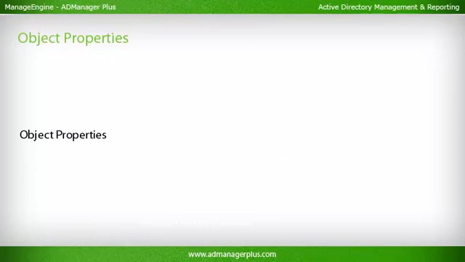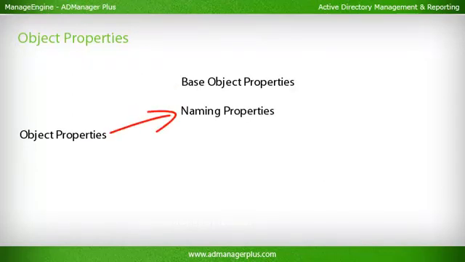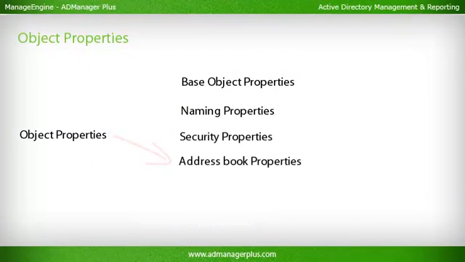Object properties can be broadly classified into base object properties, naming properties, security properties, address book properties, and application-specific properties which are specific to individual applications.